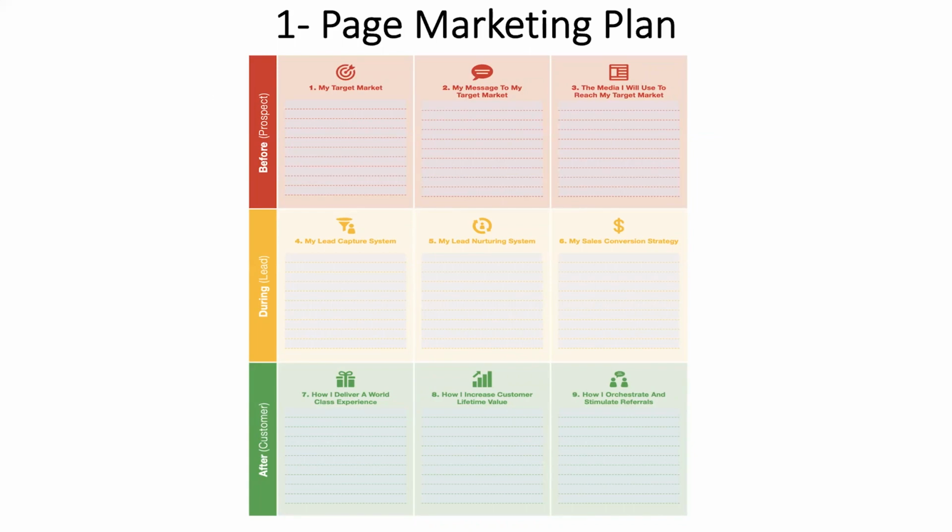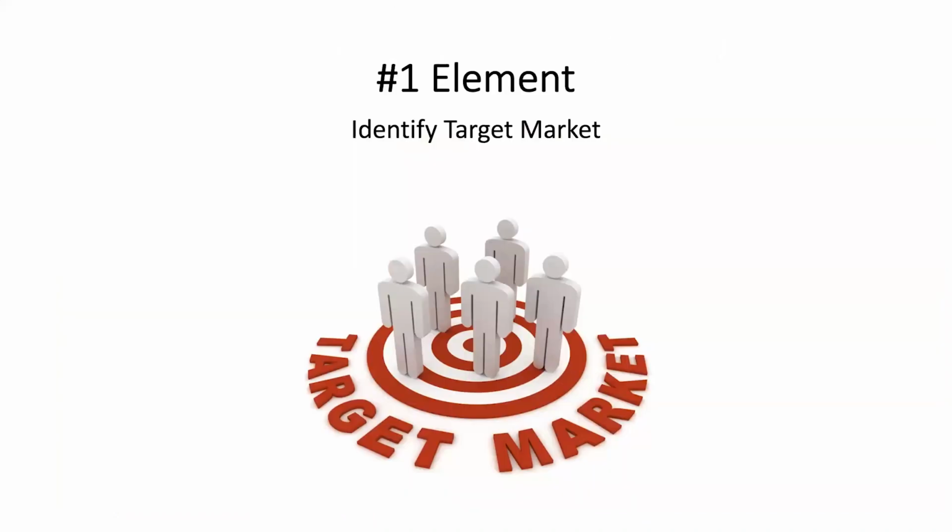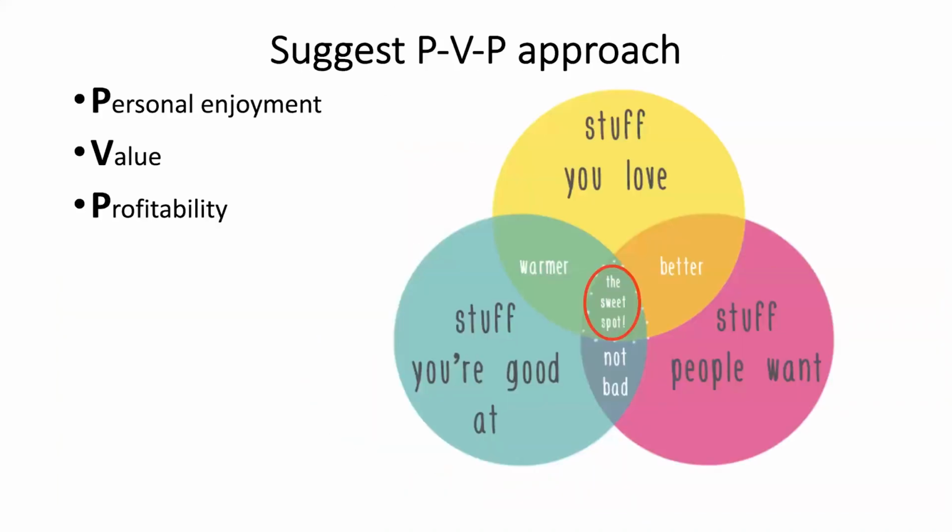It's made up of 3 different components: the before, during, and after. And in this video, I'm going to cover part 1, which will be the first component. And this will be how to identify your target market and communicate with that target market.